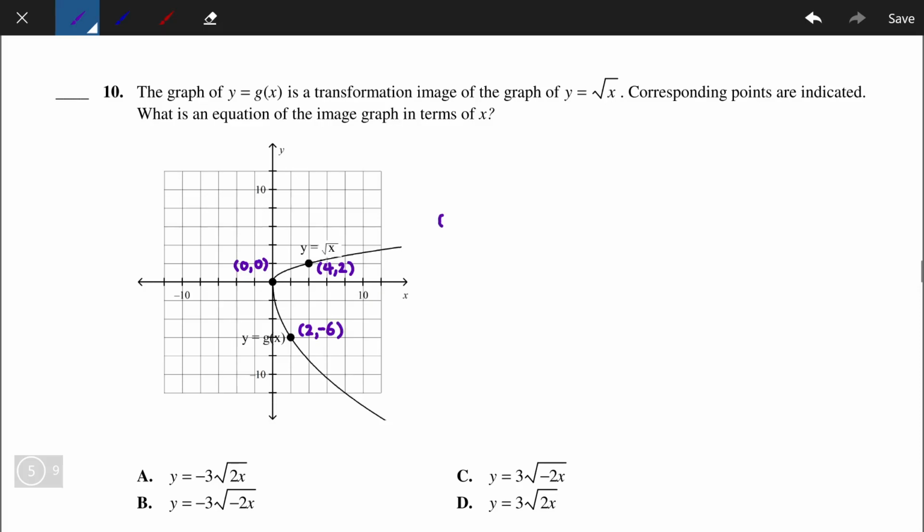So the fact that (0, 0) stays the same tells us that there are no translations. So all the transformations here are either stretches or reflections. Okay, so let's consider the point (4, 2) becoming (2, -6).